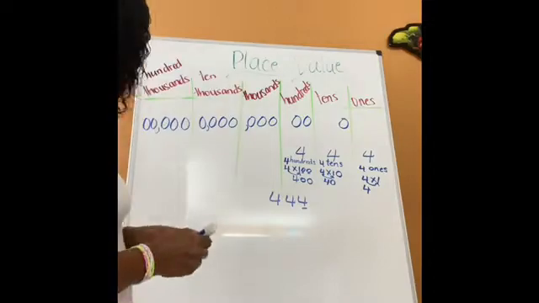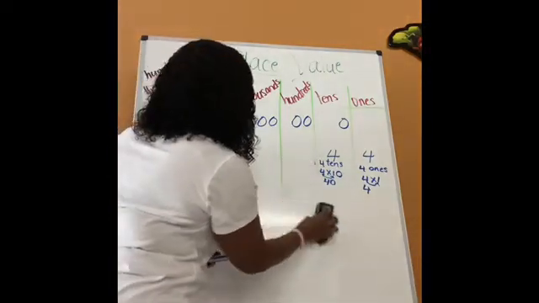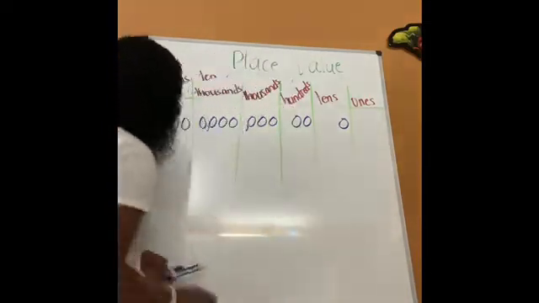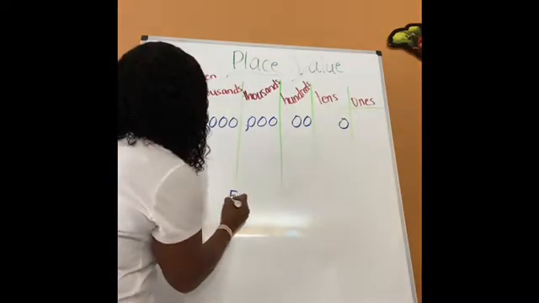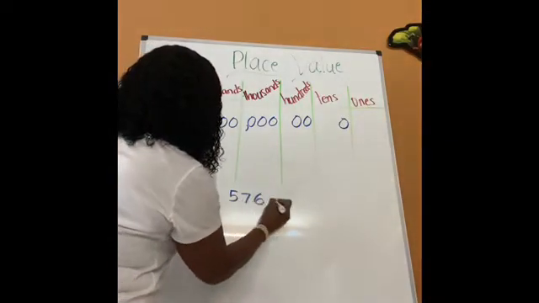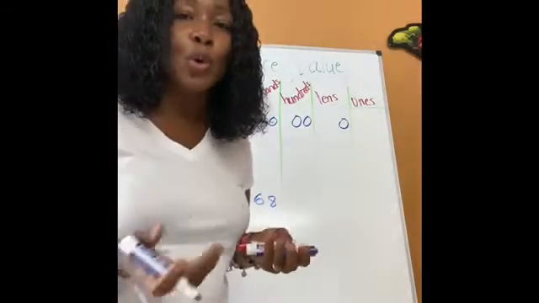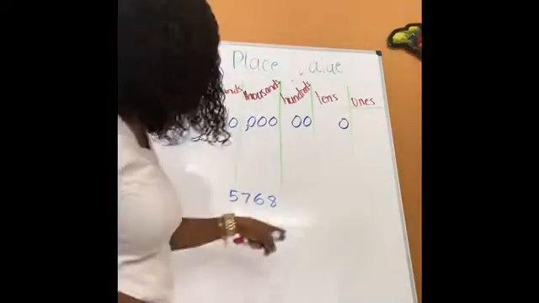Now we can move on with some other numbers. So I'm not taking out my zeros. I'm keeping them there. So let's go. 5, 7, 6, 8. Now remember, some persons don't know how to place their comma. Just count 3 digits from the right.